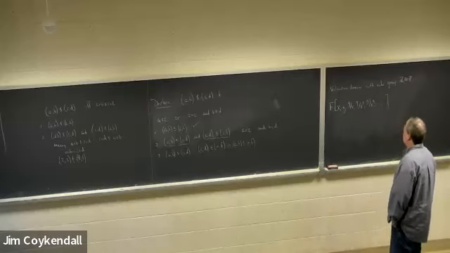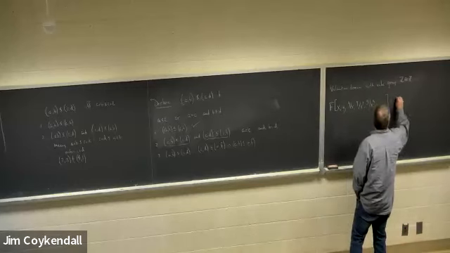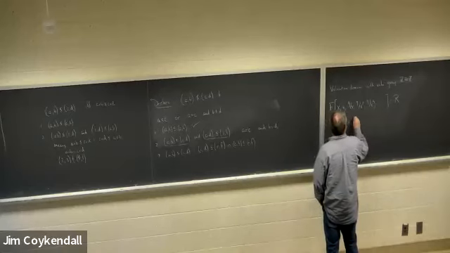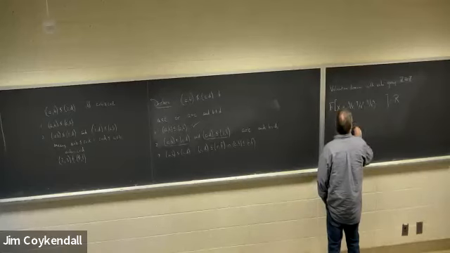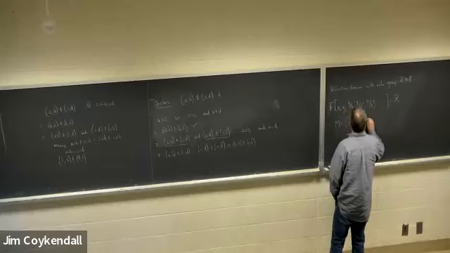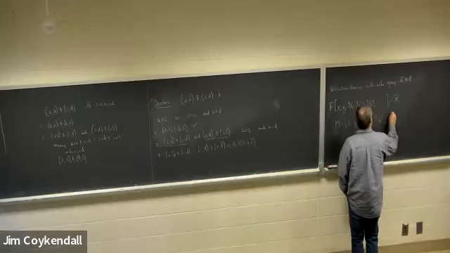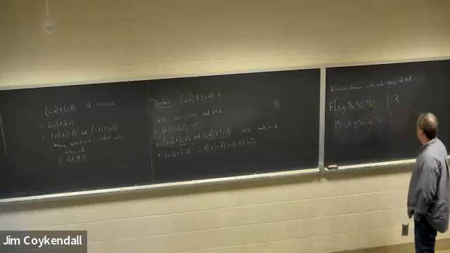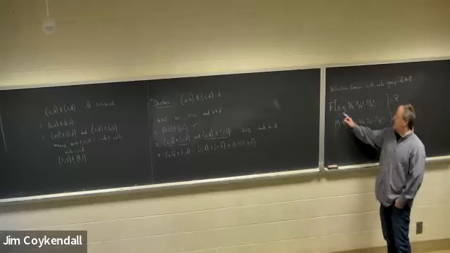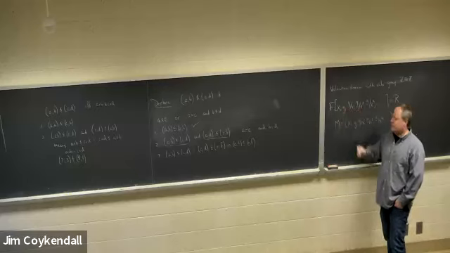Now, I'm going to call this first ring R, and I'm going to let M be the maximal ideal generated by these crazy rational functions, X, Y, Y over X, et cetera, et cetera.